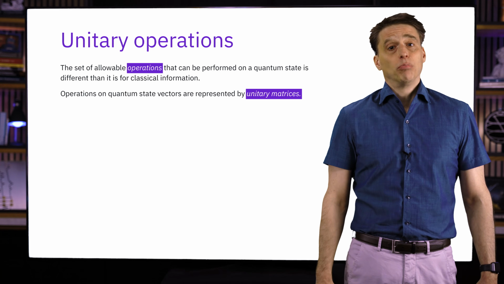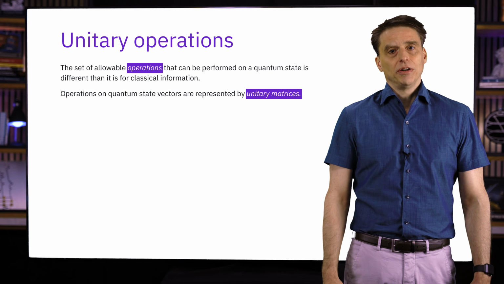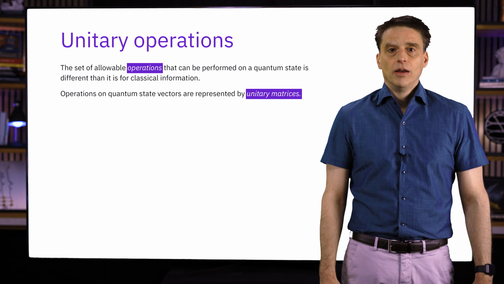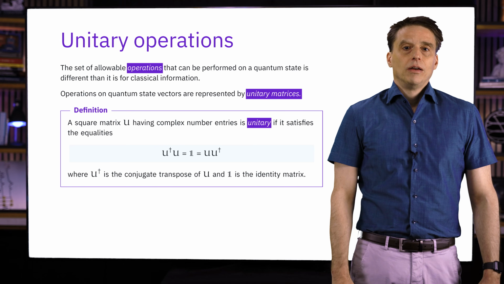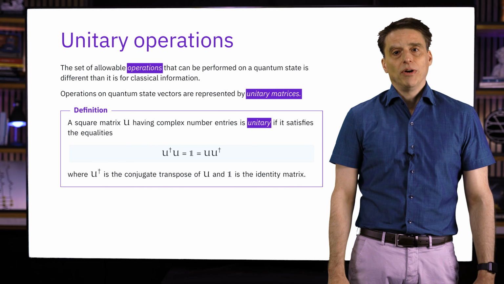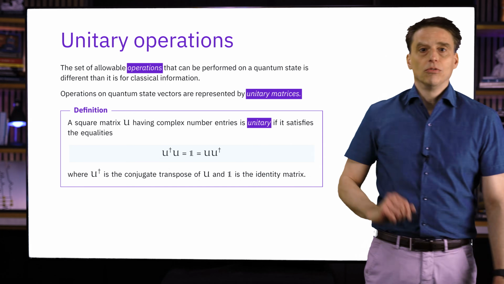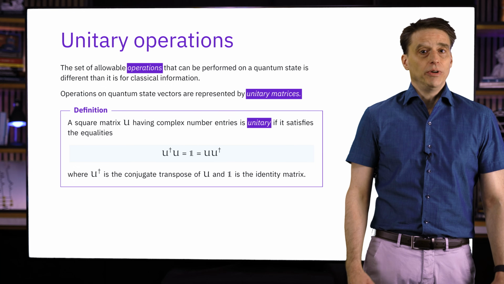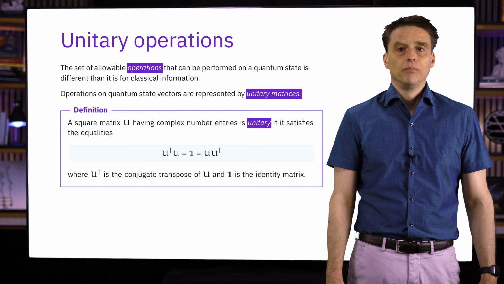Whereas operations on probabilistic states are represented by stochastic matrices, operations on quantum state vectors are represented by unitary matrices. Here's the definition of unitary matrices. A square matrix U having complex number entries is unitary if it satisfies the equalities that you see right here. The dagger represents the conjugate transpose, which we already saw for vectors when we talked about the Dirac notation a few moments ago.